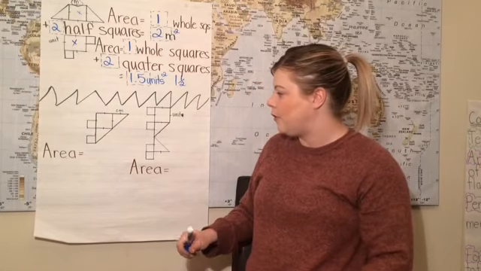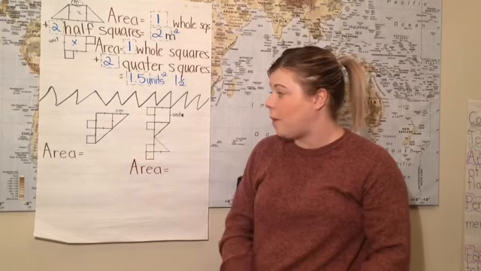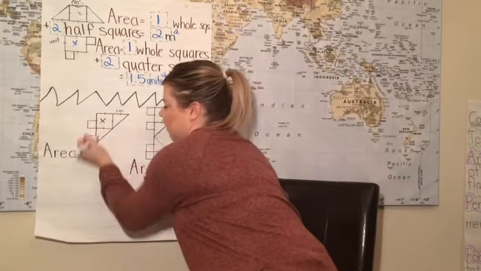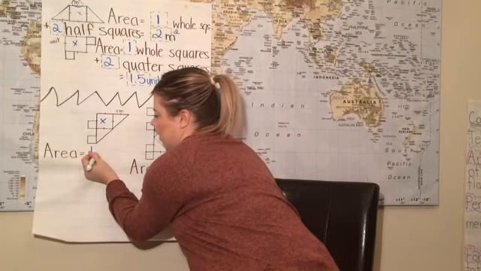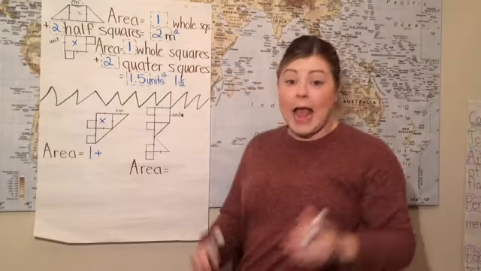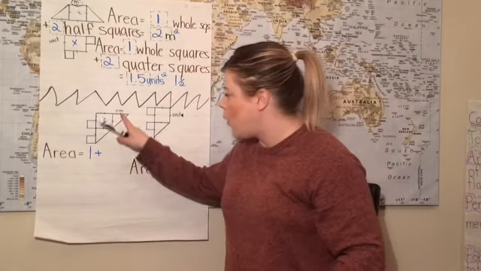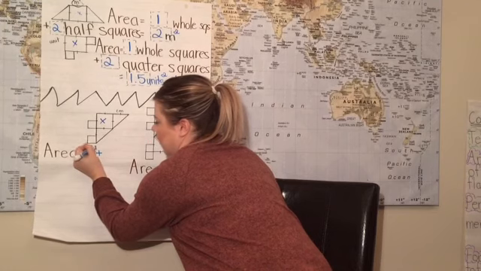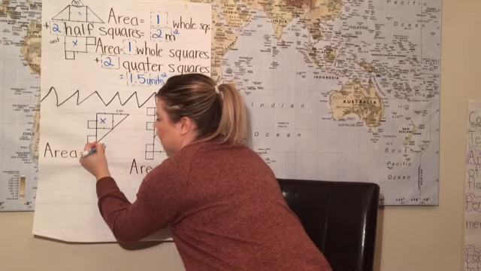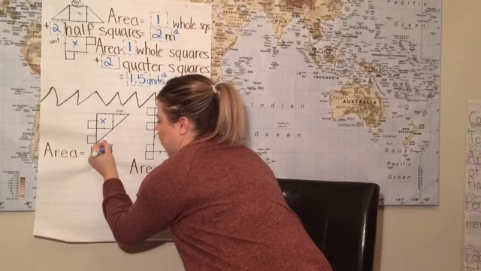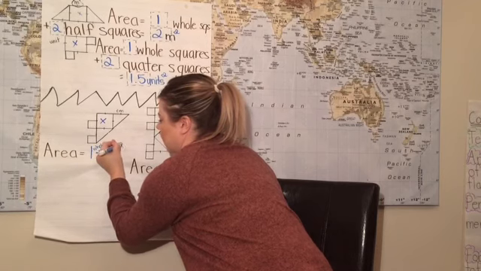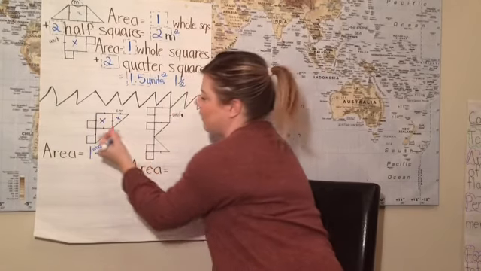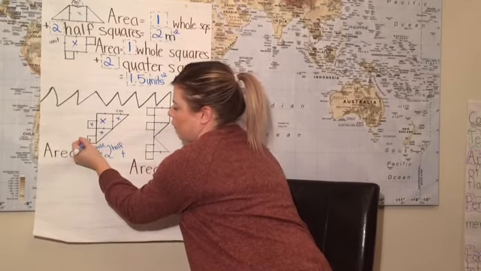Okay, so what I'm going to do is I'm going to first count my whole shapes. I have 1 whole shape, and I'm going to put 1 plus, how many half shapes? I'm going to work my way down. 1, 2 plus, I might even go like this, 1 whole plus 2 half plus, well, I should X those off so I don't use them again, 2 quarter shapes.